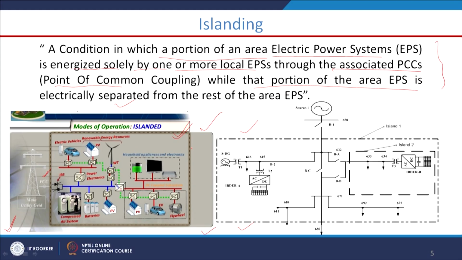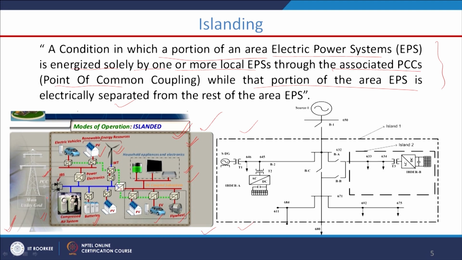In this microgrid system, we have wind, we have PV, that is photovoltaic or solar system, and we also have batteries for storage, and EV, electric vehicle, and flywheel also for storage, and of course household appliances like consumer loads. Together, this network is known as the microgrid, and it is connected to the main grid through the point of common coupling.